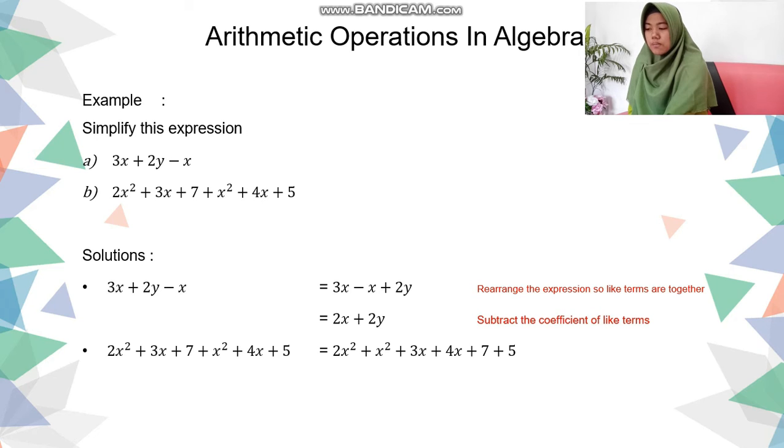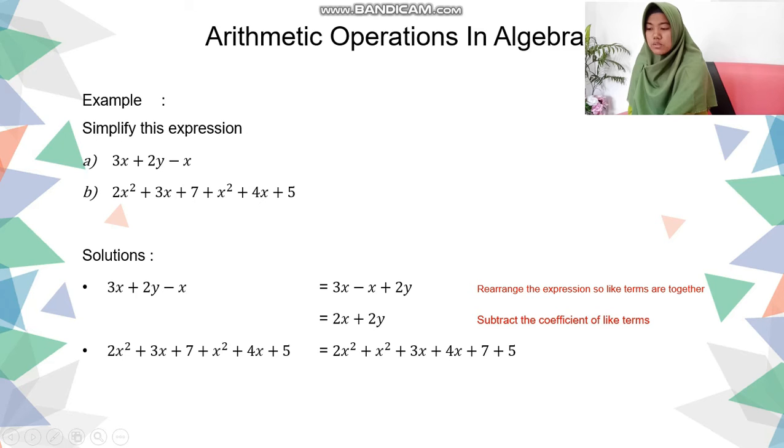The expression 2x squared plus 3x plus 7 plus x squared plus 4x plus 5. The like terms are 2x squared and x squared, 3x and 4x. Then we rearrange the expression so like terms are together.